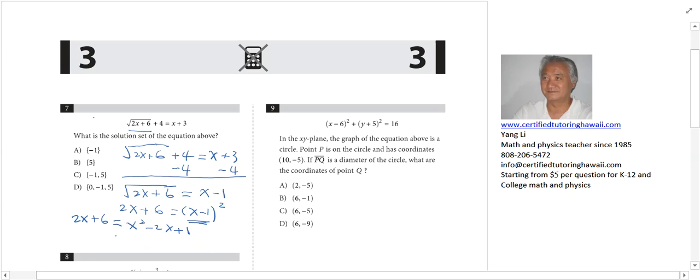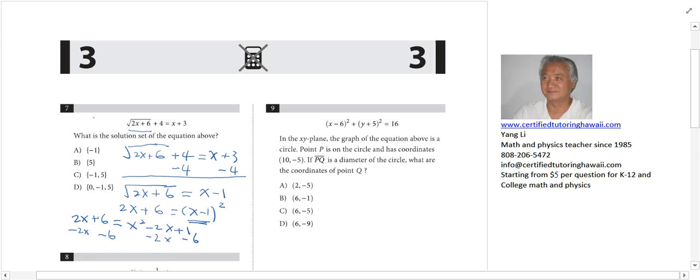Now, the next step will be what? You're going to move the 2x and the 6 to the right side, okay? So you're going to have minus 2x, and then minus 6 on the left, and then minus 6 on the right, okay?